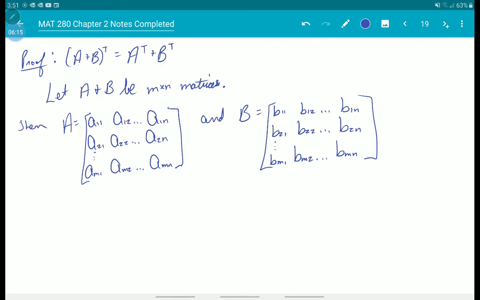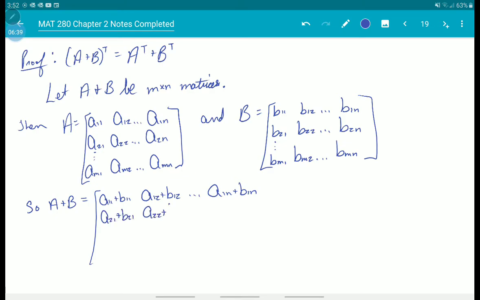Put then in front of this so we have a complete sentence. So A plus B looks like that.